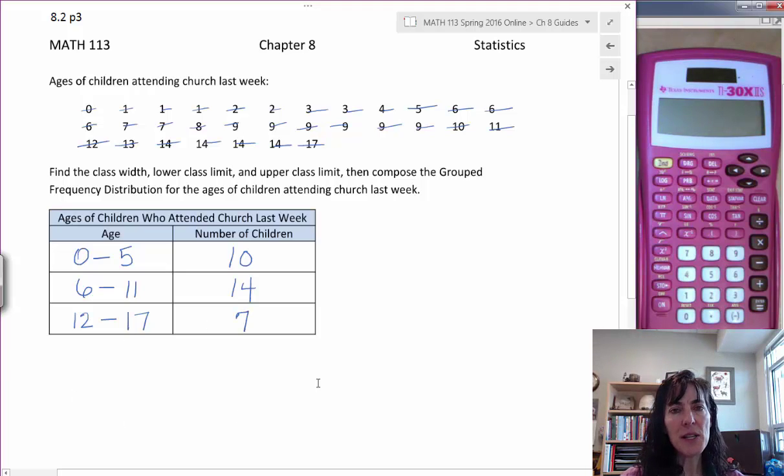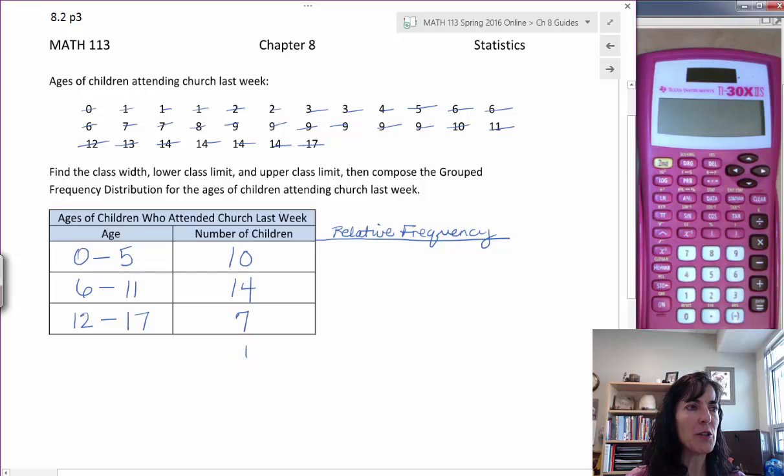1, 2, 3, 4, 5, 6, 7. All right, this is a grouped frequency distribution because it has groupings here on the left hand side and then the frequency, or the number of times it happened, on the right hand side. If I wanted a grouped relative frequency distribution, I would need to add another column, and that would be relative frequency, and I would first need to add these together, and I would get 31.